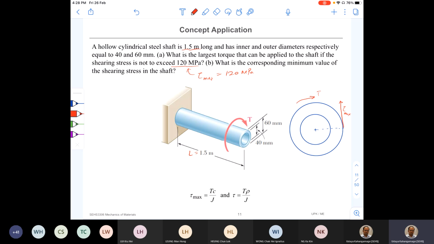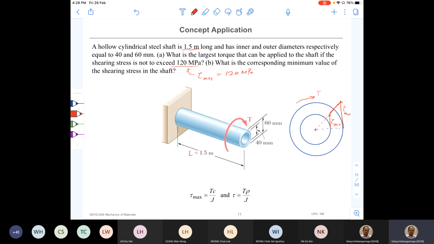Then it varies linearly from the maximum to the minimum. Here in the middle, there's no material. Therefore, the minimum shear stress is going to be here. This is tau minimum. In between, the variation is linear. So the arrows show you the size of the shear stress.